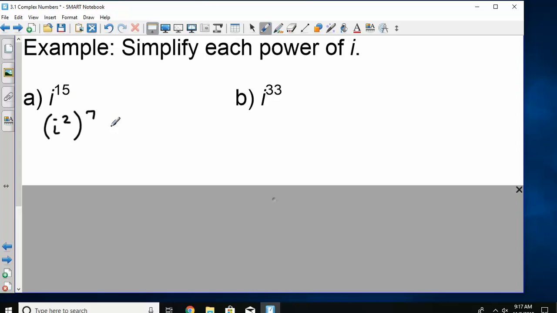I need 15, so we have 1 i left over. Okay, i squared is negative 1. Negative 1 to the 7th would be negative 1, and negative 1 times i is negative i.